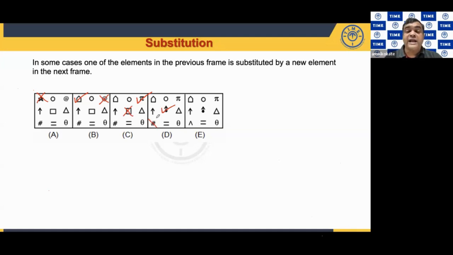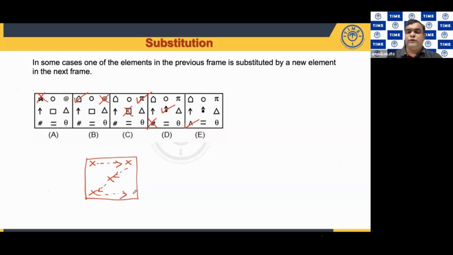Fourth to fifth figure, this hash is removed, a new element appears there. Look at the pattern in the cross. Cross is here, here, here, here. Can you observe the pattern in the cross, how you're going? So it is forming a Z shape, something like this.